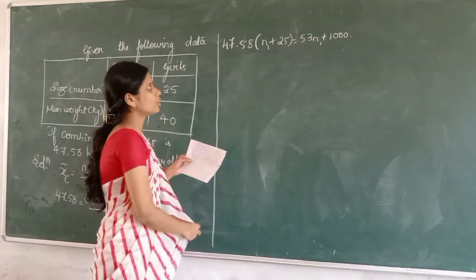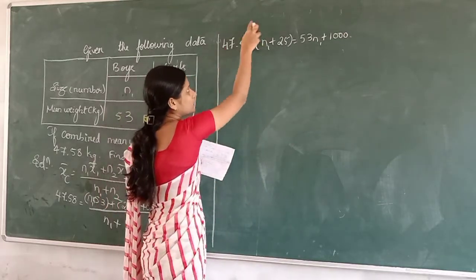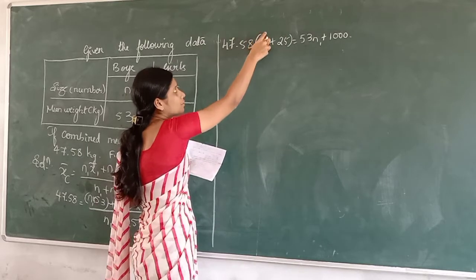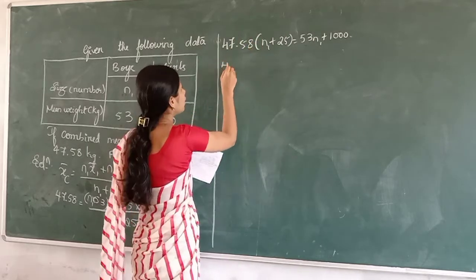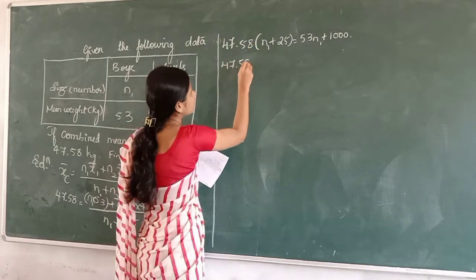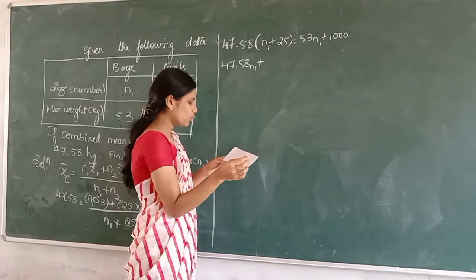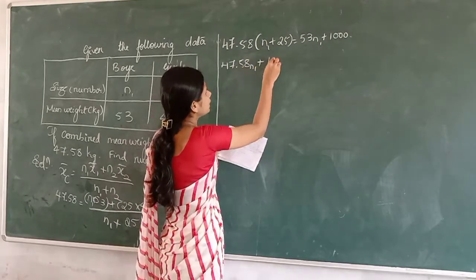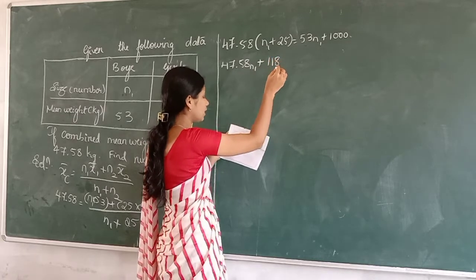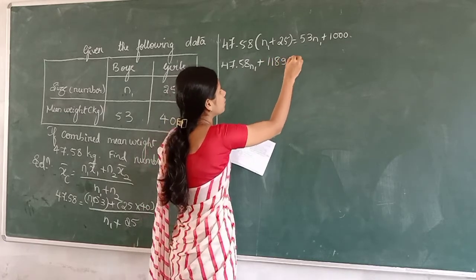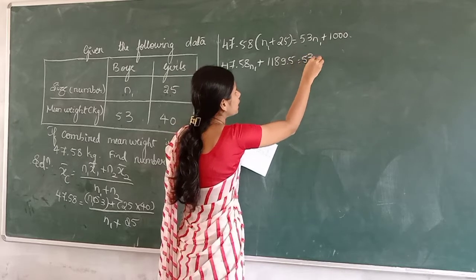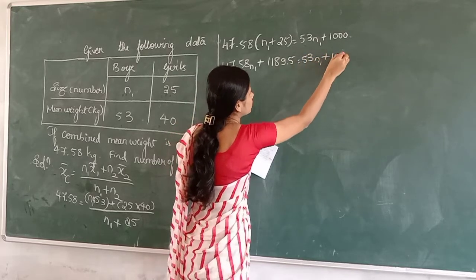Now we multiply this value with the inner values: 47.58 into n1 is 47.58 n1, plus 47.58 into 25. When you multiply, it comes to 1189.5 is equal to 53 n1 plus 1000.